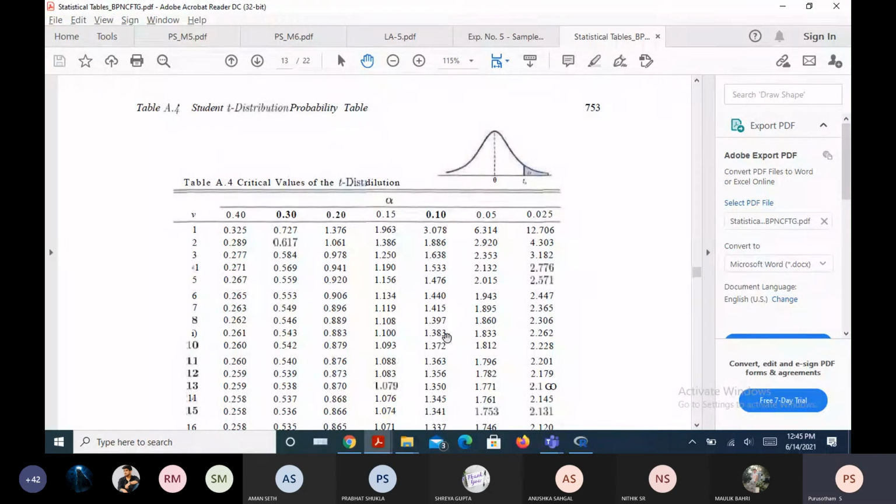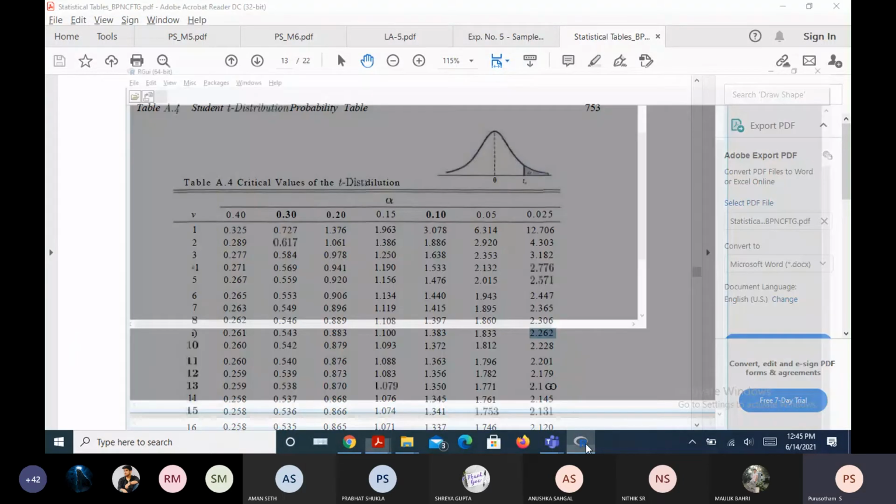What is the critical value now? 2.262. Now let us look at this solution. The observed value of t is how much?